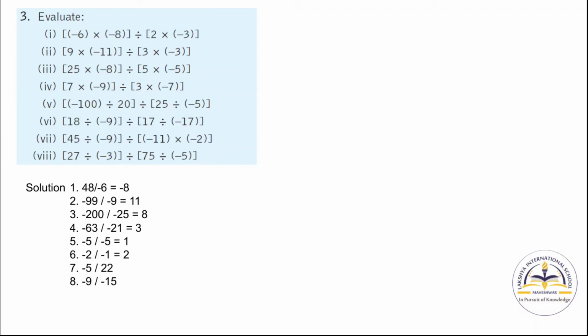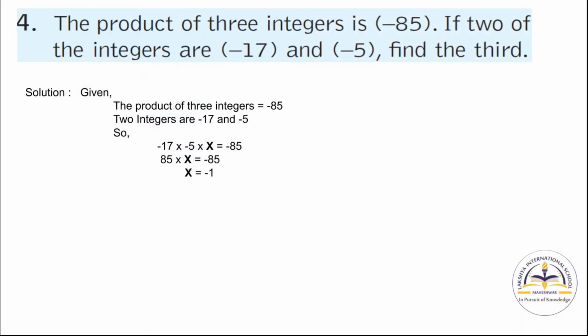Now the next question, 9 into minus 11 divided by 3 into minus 3. Now solve 9 into minus 11, you will get minus 99, and 3 into minus 3, you will get minus 9. So minus 99 divided by minus 9, you will get the answer 11, a positive number. Now in the same manner you have to solve the others.